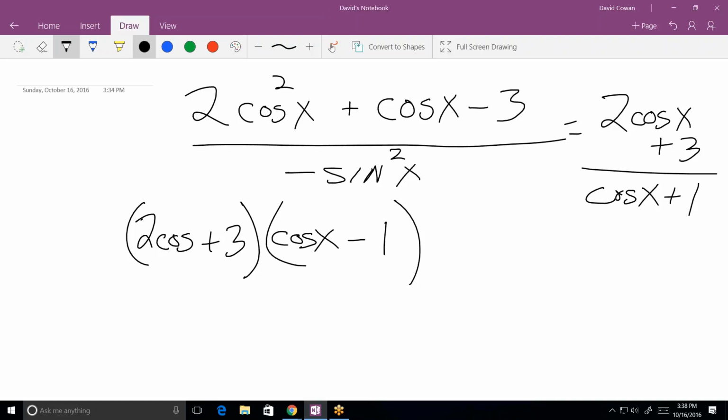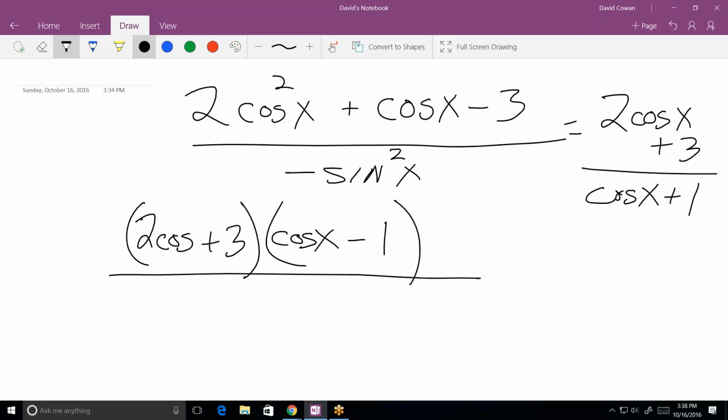With me? Okay. Now, that's kind of helpful because if we're trying to make it look like the right side, let's see, what can we do with the bottom?